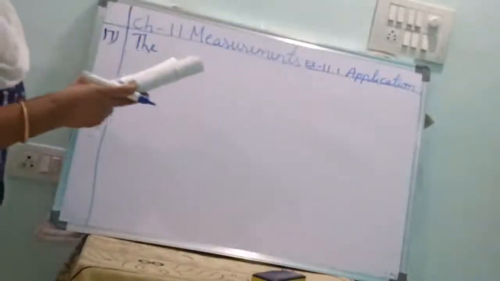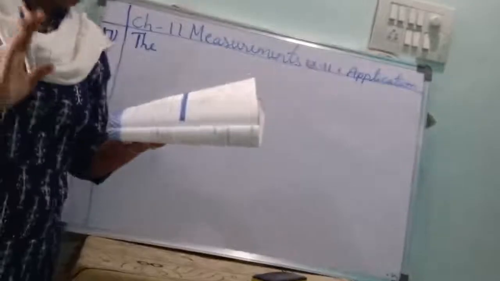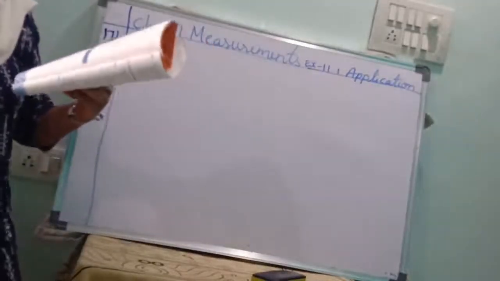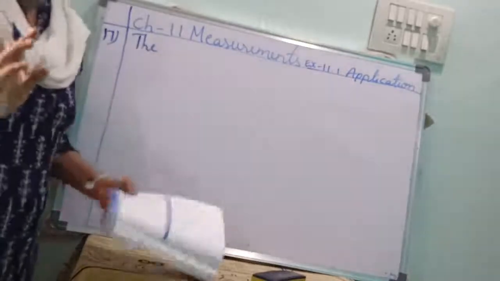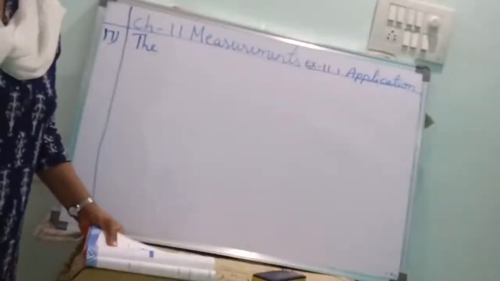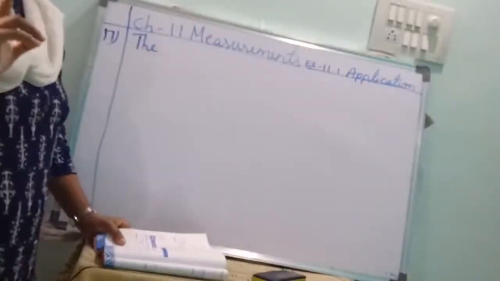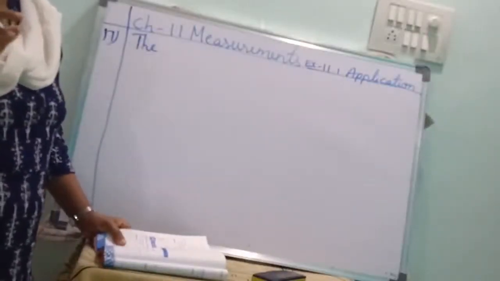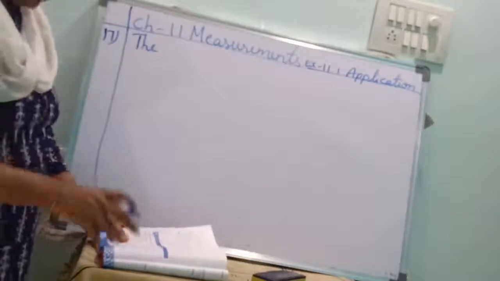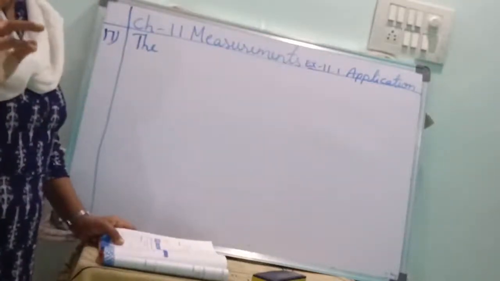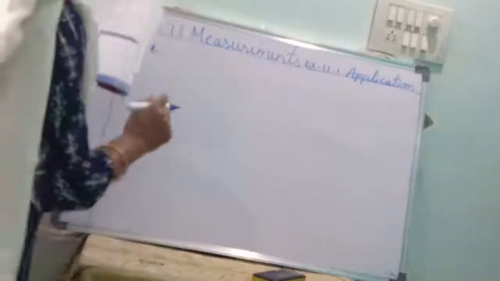You know 1 meter is equal to 100 centimeters. 1 kilometer is equal to 1000 meters.